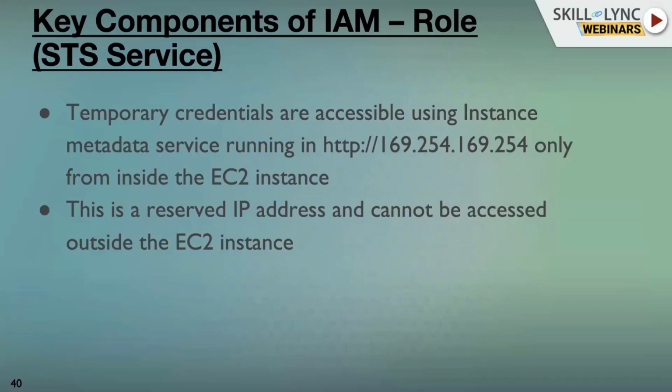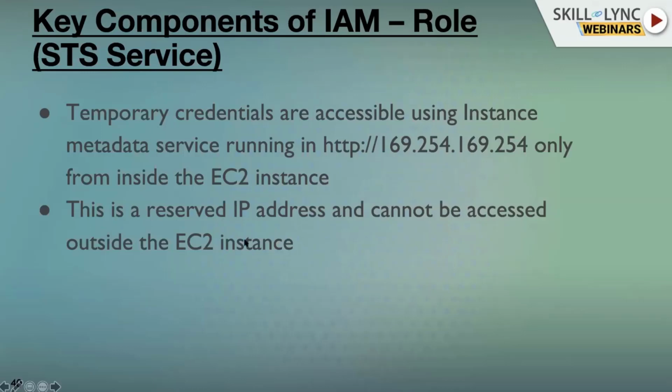The metadata contains a lot of information, like which security groups are attached, the EBS volume space, and so on. On top of it, it also stores security credentials here. If someone wants to access the security credentials using this IP address, it's not possible. It is only possible if the user is within the EC2 instance.